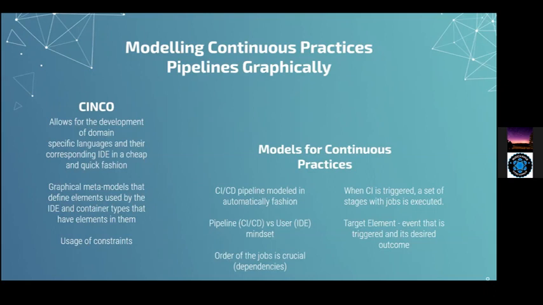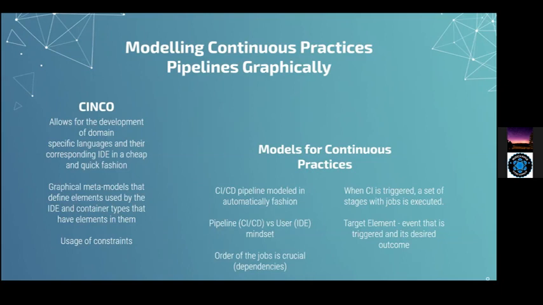For the models, they talk about how the pipeline is modeled automatically, as in it isn't written but it is generated, which allows for the avoidance of normal errors. There's also the pipeline versus the user mindset, where in the pipeline they think about how less is more, and in the user they think about how they can help the user understand better.